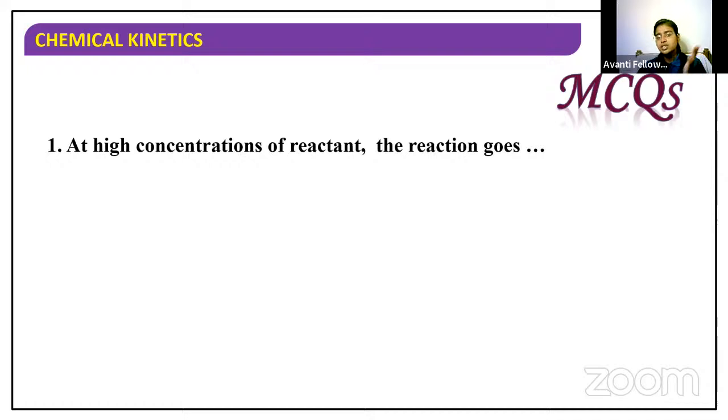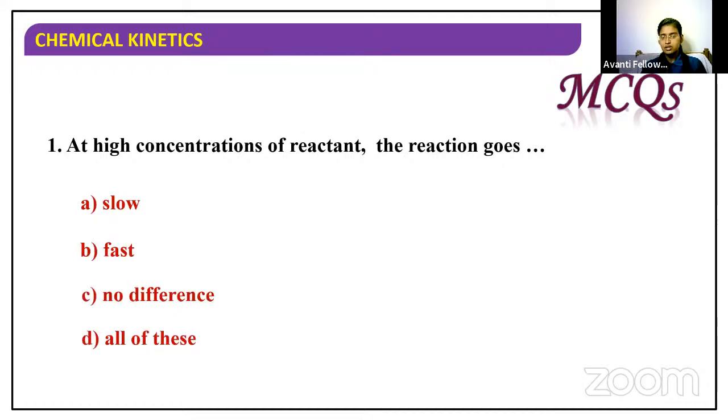At higher concentration of reactant, the reaction goes slow, fast, no difference, all of these. At a high concentration, the reaction will occur very fast or very slow, or there is no difference.